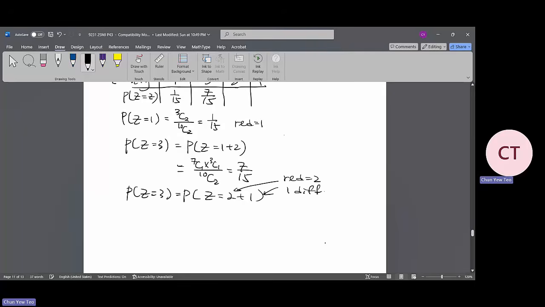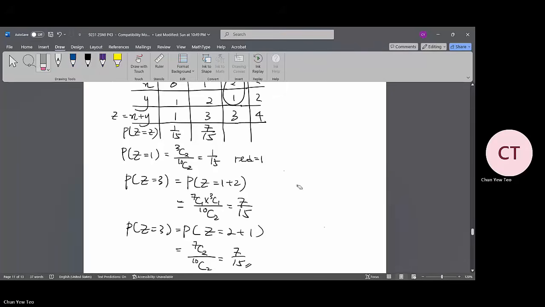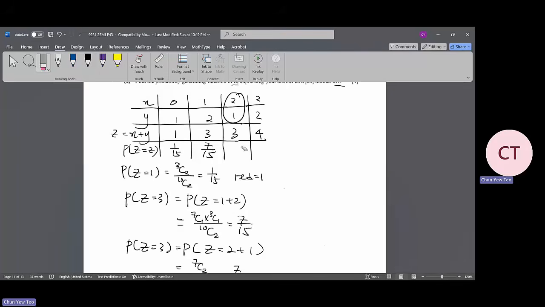So if we consider that case when the two balls are same color and they are both red, then the chances will be 7c2 divided by 10c2. You will get this one as the 7 over 15.